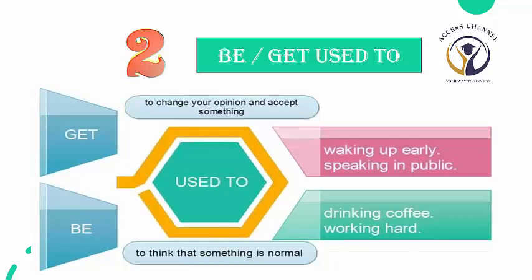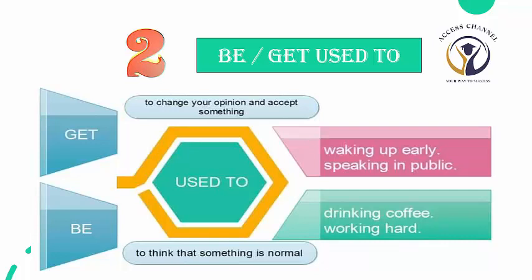So you can get used to waking up early. And by the way, this form is followed by the gerund or a noun. So I can say I get used to waking up early, or I get used to speaking in public. It means that I'm still in the process of becoming familiar with speaking in public.